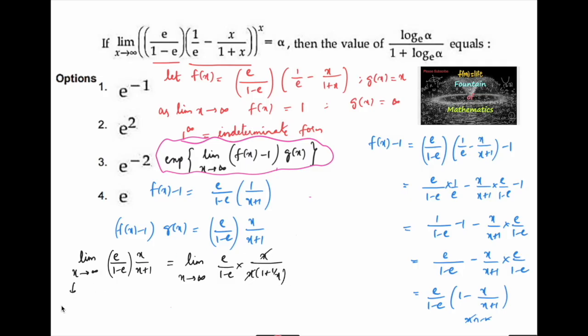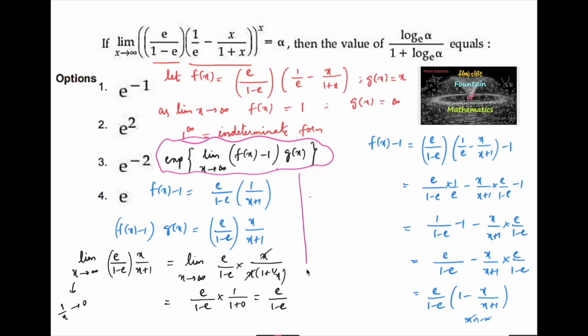So as x tends to infinity, 1 upon x tends to 0. So we can write here e upon 1 minus e into 1 upon 1 plus 0. So we can write this as e upon 1 minus e.